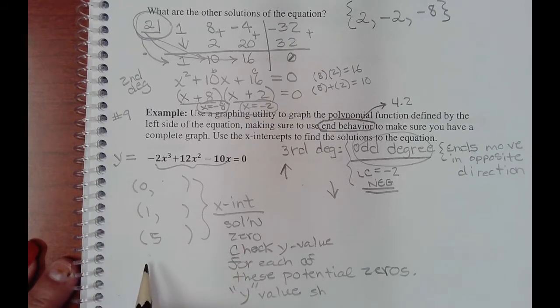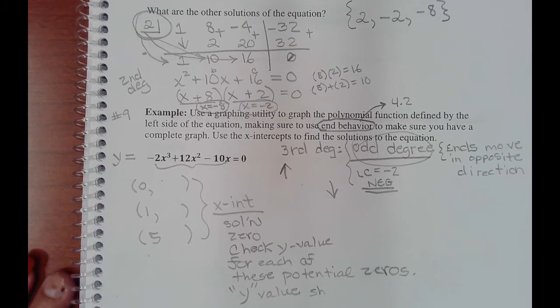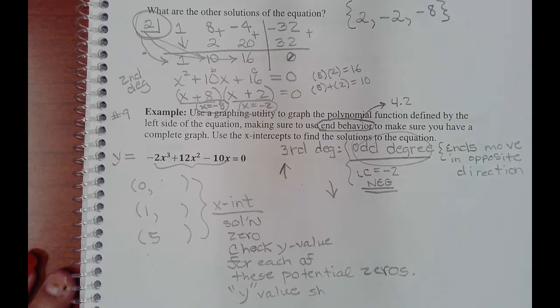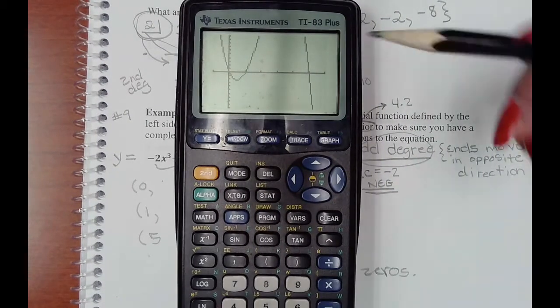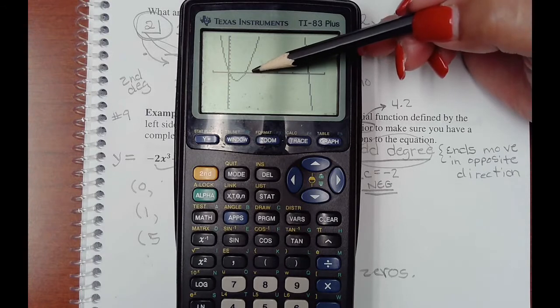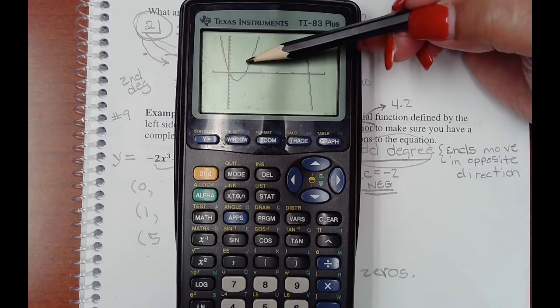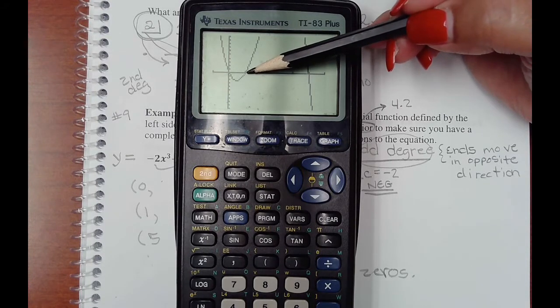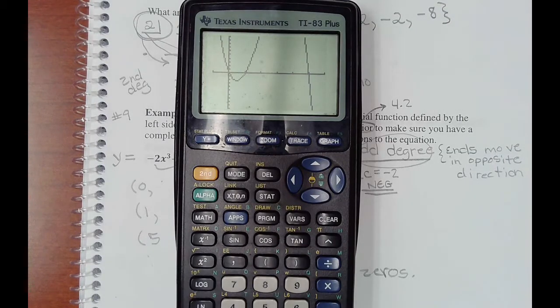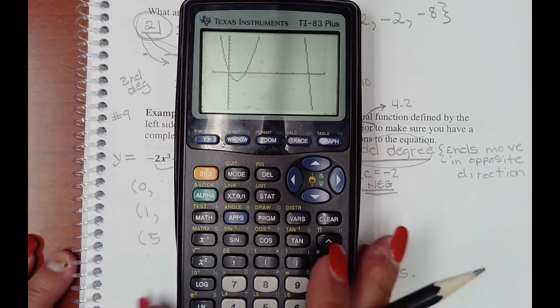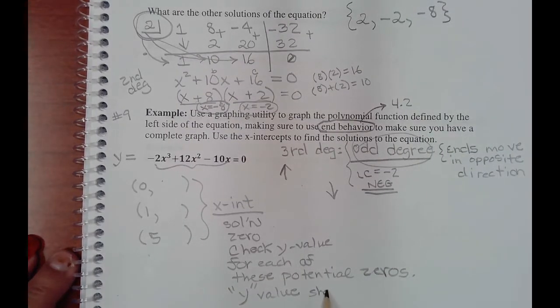If the graph is really hitting, and I tell you to check them only because sometimes when you're looking at a graph, it looks like it goes through, let's say 1, and it's really 1.1 or 1.2. Just such a slight difference that it's really not visible to the eye. So the way you can check it is by going to second table.